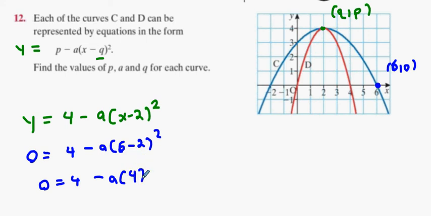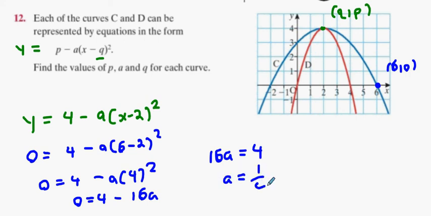What's a times 4 squared? 0 equals 4, take away 16a, and then 16a equals 4, a equals a quarter. Is that right? You could choose any point on the blue line and it will tell you that a equals a quarter.